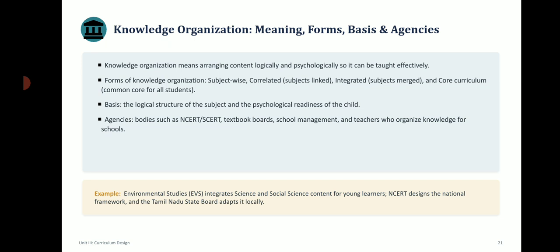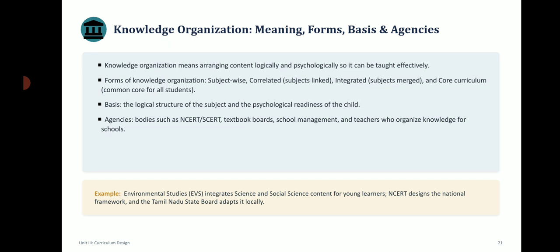Under psychological: sensory motor stage, pre-operational stage, concrete operational stage, formal operational stage, and modular is the final one. That's it. Now we come to the agencies involved in organization of knowledge in schools.